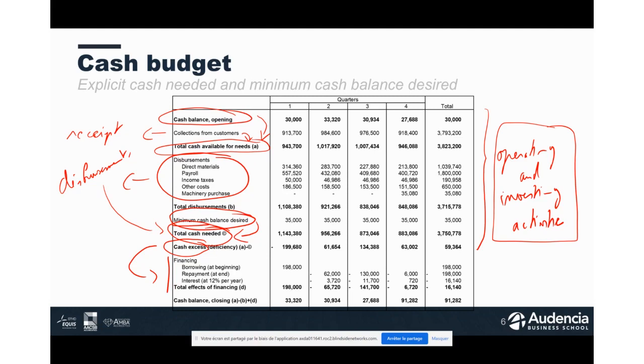And at the end, you have the ending cash in function of your financing activity and in function of the cash excess and deficiency. So it's a different presentation. You put the receipts on one side, the disbursements on the other side, and you define the financing activity in function of the operating and investing activities.